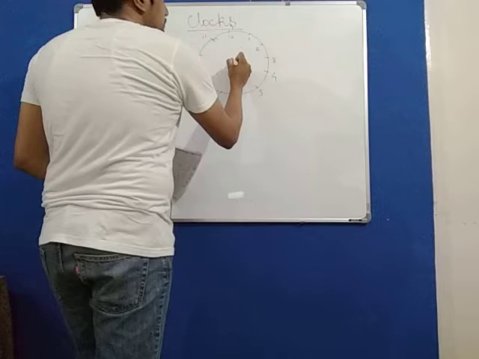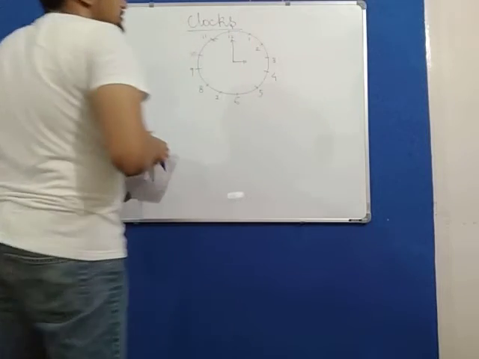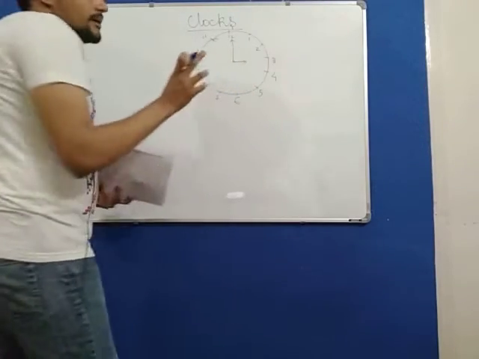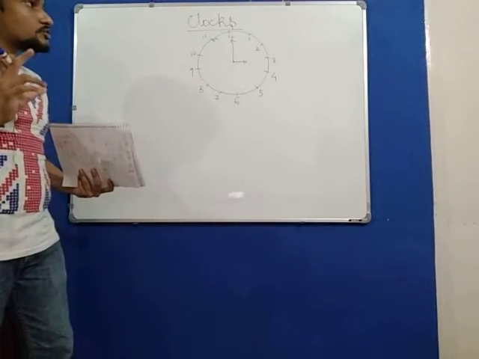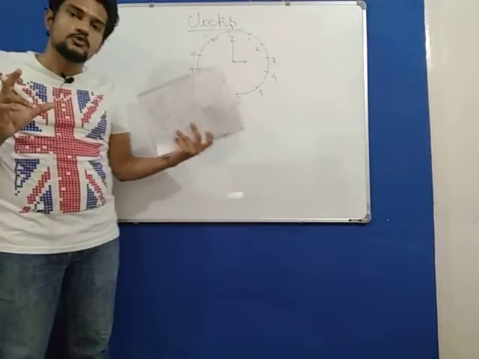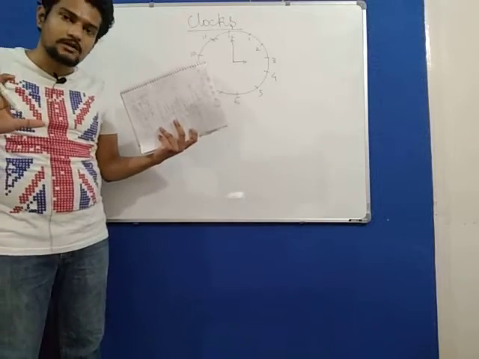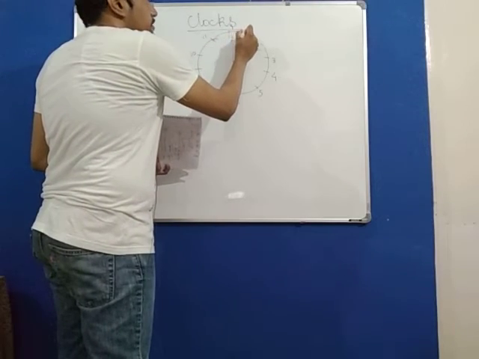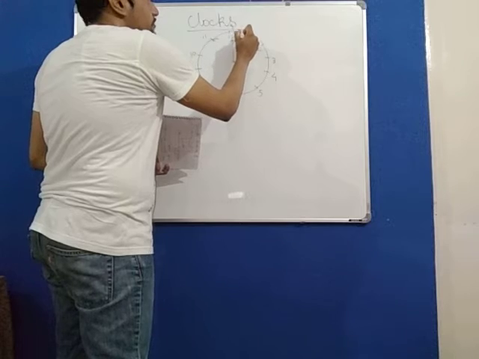This is the hour hand and this is the minute hand. The distance between two numbers, that is 12 and 1 or 2 and 3, is divided into 5 sub-intervals. So we have 1, 2, 3, 4 and 5.